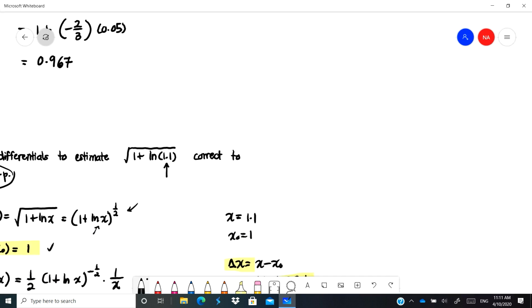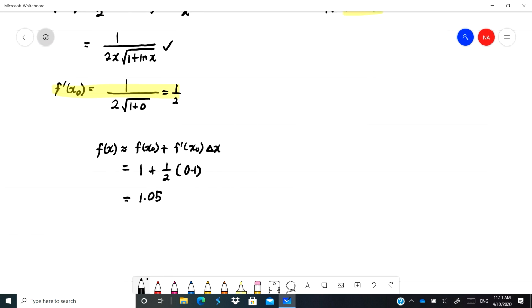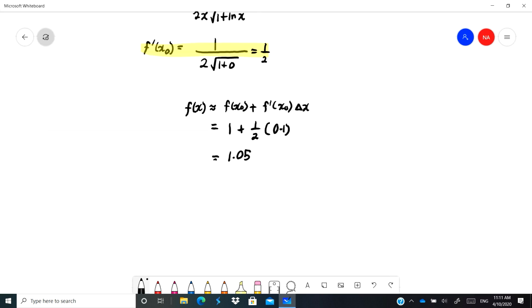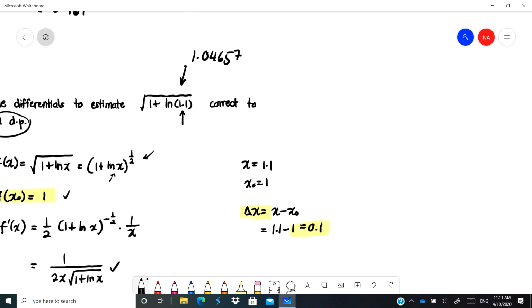If you try to press this using a calculator, we'll get square root of, bracket please, 1 plus ln 1.1, and we'll get 1.04657 and so on. Because we are doing the approximation, we should not get the same, so it's okay to get 1.05 because this is just an approximation.